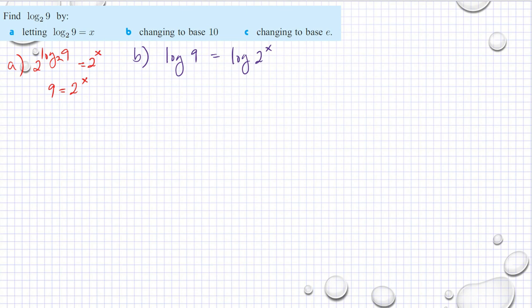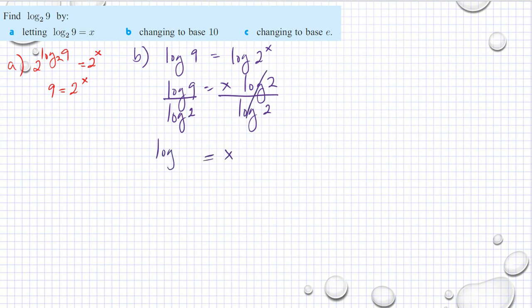Then logarithm of 9 is equal to x logarithm of 2. If we divide both sides of the equation by logarithm of 2, then x is equal to logarithm of 9 divided by logarithm of 2.